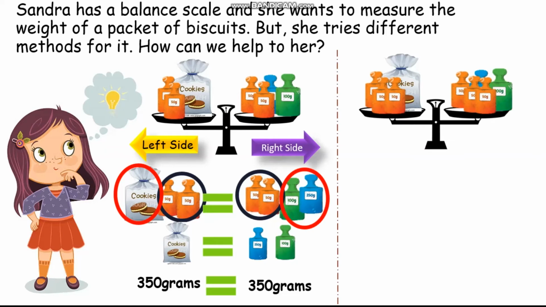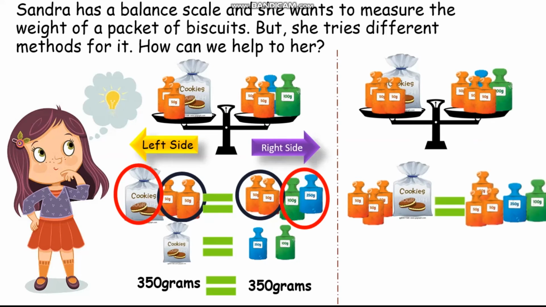Let's look at the third one. For the third one, there is also one more 50 grams on the left and on the right. So if we write the left side and right side, we can write it like that, and on the right side we have weights. What do you see?